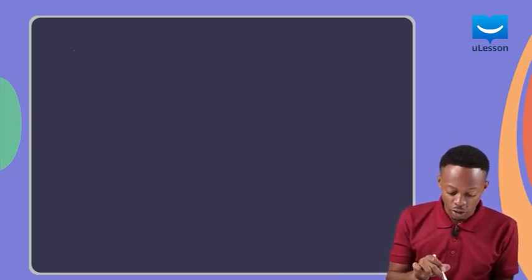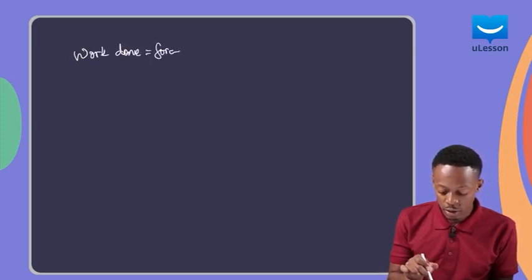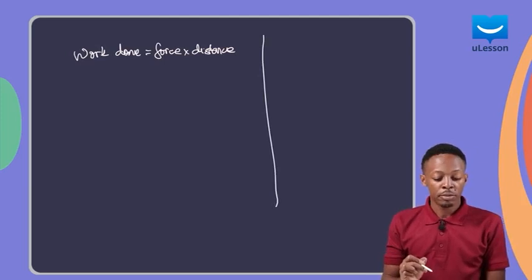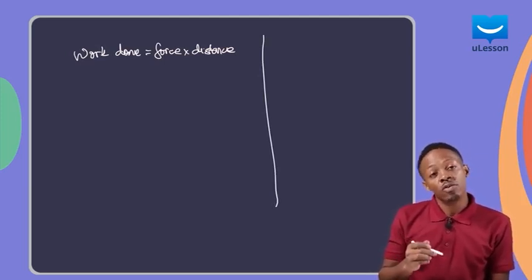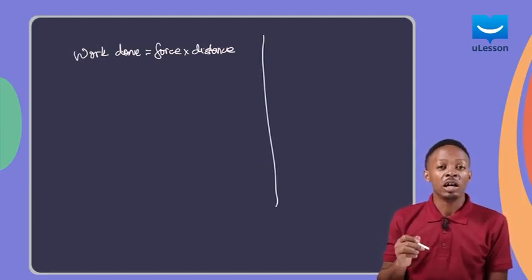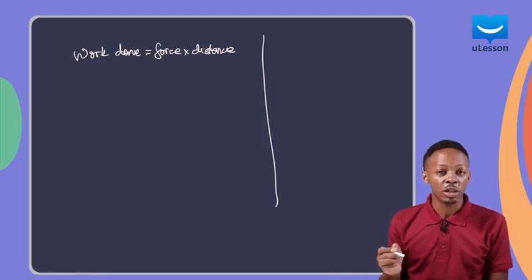So we know that work done is equal to force applied over a distance. Okay, but we started with an initial force when the spring was not elongated, and a final force where the spring was fully elongated and came to rest.